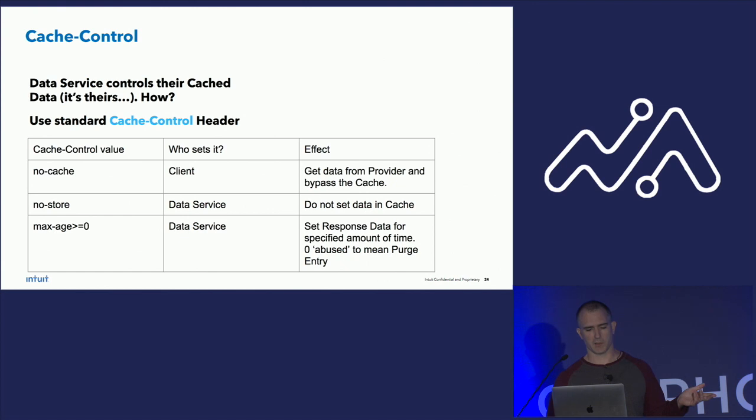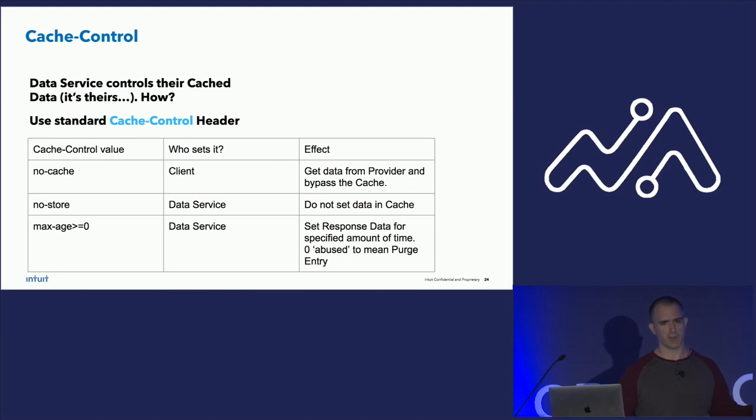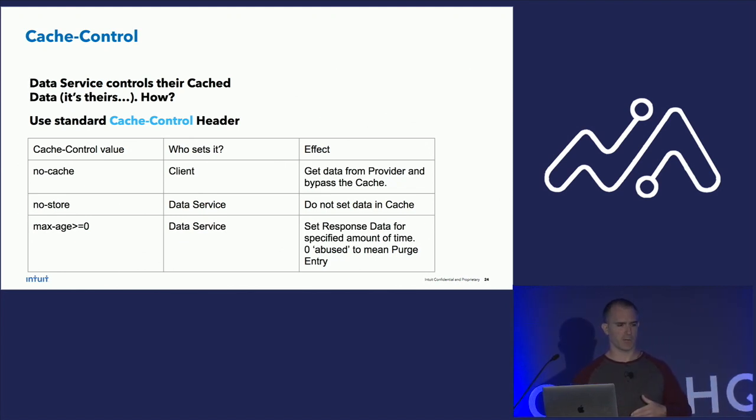If you're the client, you can say, I don't want things cached. This actually happens in our credit report example, because a lot of the time, services say, yeah, the data's in the cache, but I just want to make sure this is the latest and greatest, so I'm just going to flip a coin and go get the latest and greatest data.